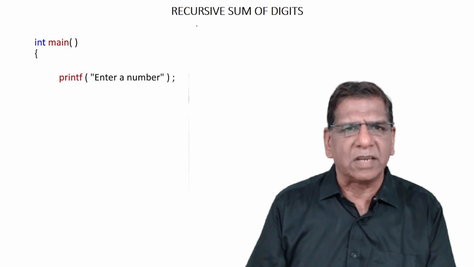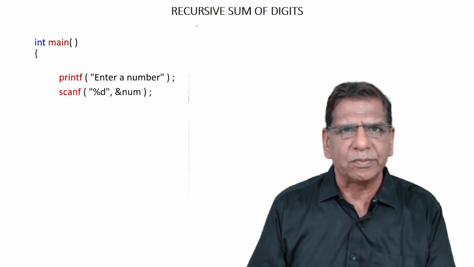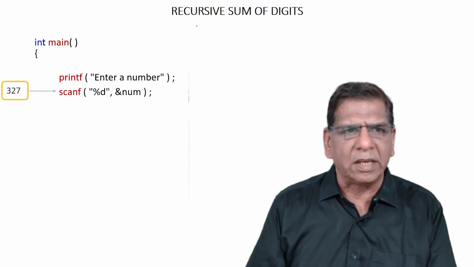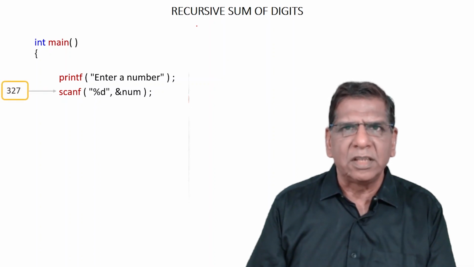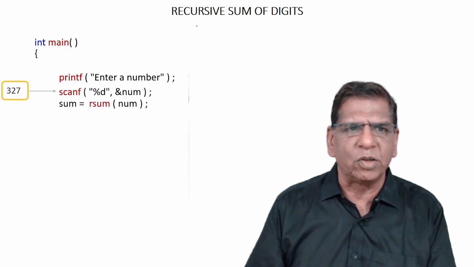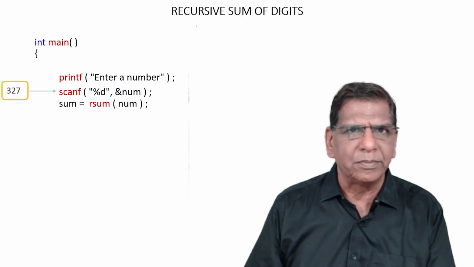What we wish to get is recursive sum of digits of a given number. For that, I'll start with main, ask the user to enter a number, scan its value. And then, if the number is 327, we'll pass that 327 to a function called rsum.